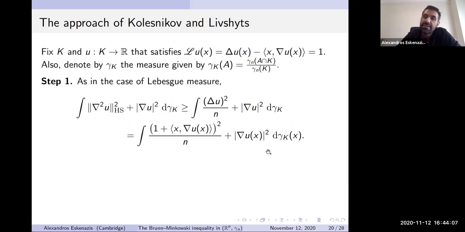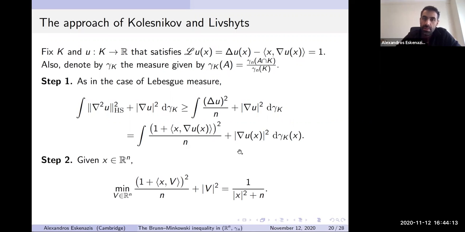Now notice that this is a quantity which depends just on the gradient of u. So you can bound it from below. If you denote by capital V the gradient of u at the point x, then for a fixed x, the minimum of this quantity, as you can check by Lagrange multipliers or something, is 1 over |x|^2 plus n.